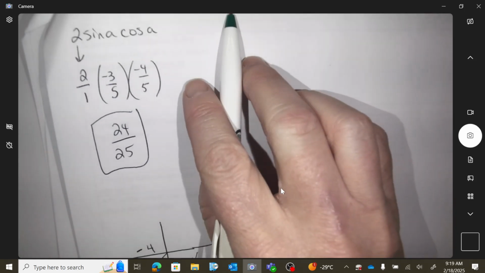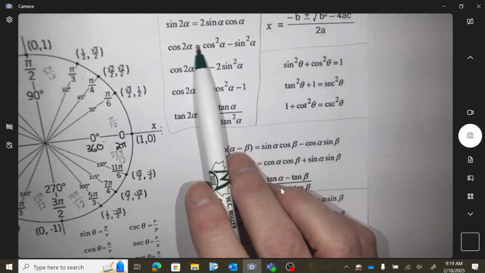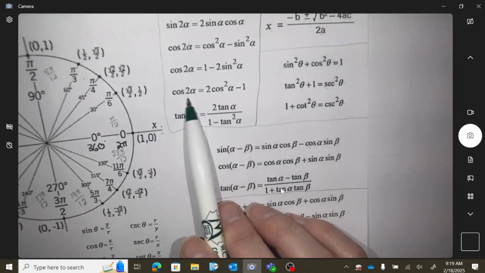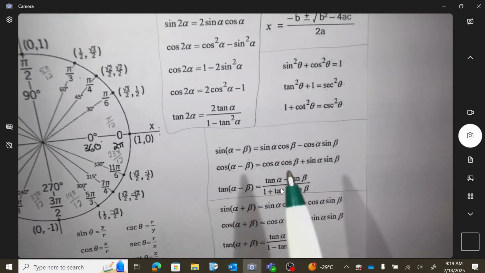Okay, cos of a doubled angle A. So this one gives me 3 options. You can pick any one of these options, it doesn't matter.